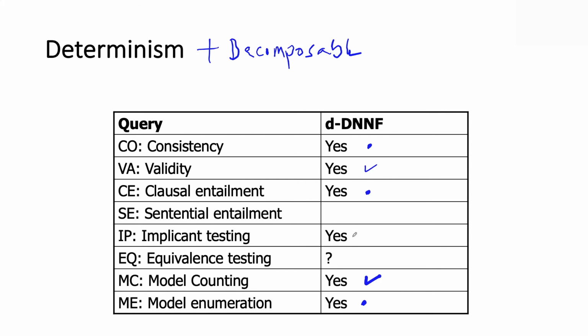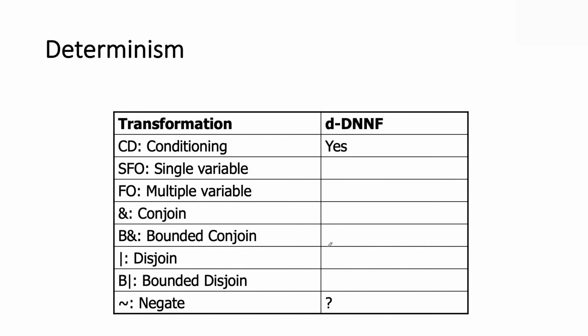And this we didn't talk about. This is checking whether a term implies the formula. We're not going to do it. You can see that in the knowledge compilation map paper, or try to think about how you can derive it yourself. We can't do this. This is an open question. And if you look at transformations, it doesn't look fantastic.